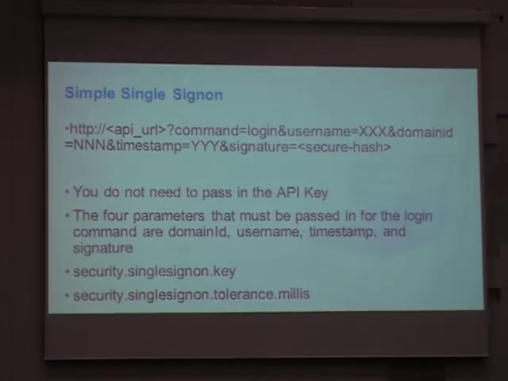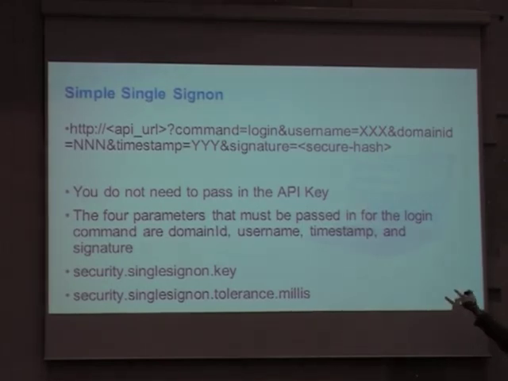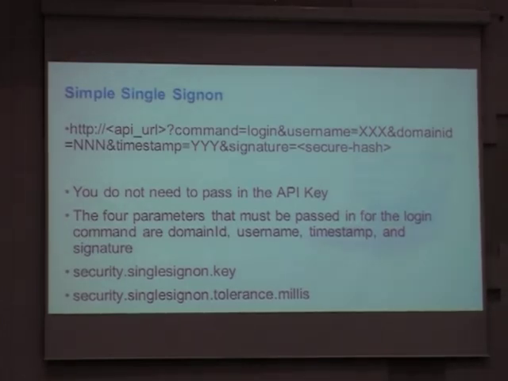You just need to pass in the username, the timestamp, I guess the domain ID, and the signature of that command itself. The way you generate that signature is the exact same way you would generate it for any other API request, using the API key and secret key. And I'll go over those.